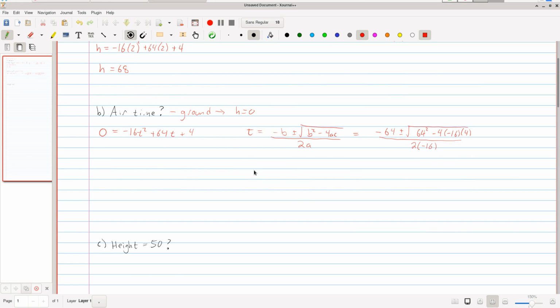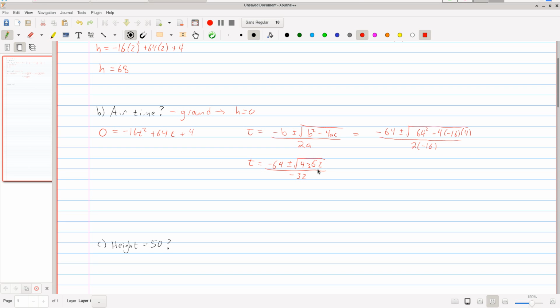So this is going to give us t equals negative 64 plus or minus the square root. Let's take 64 squared minus 4 times negative 16 times 4. And we get that this is the square root of 4352. And this is all divided by negative 32.